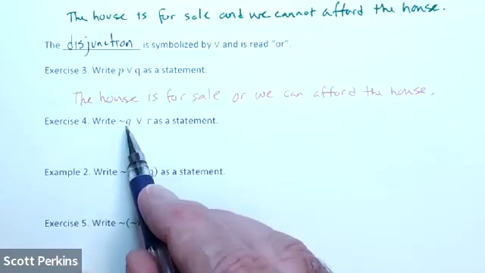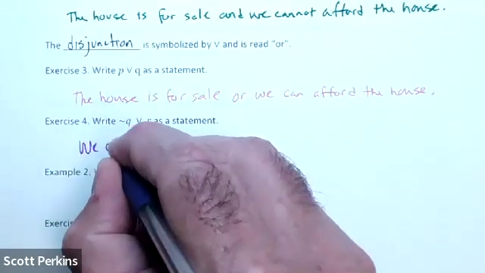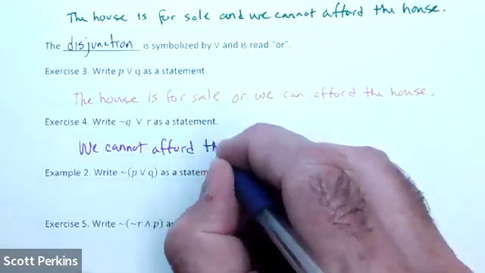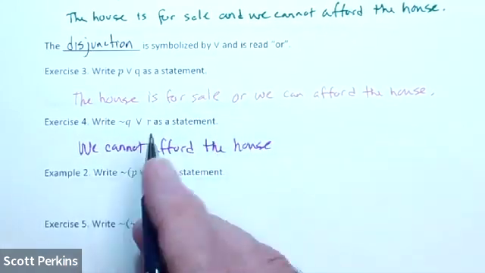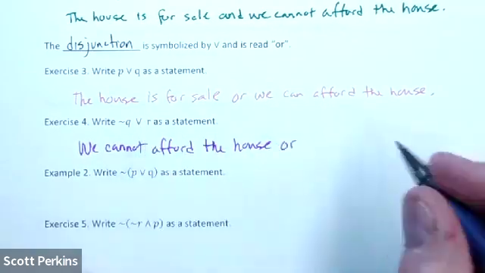And so then we wrote down squiggly Q is we cannot afford the house. Then the disjunction is going to be or, and then the statement R is the house has a garage.